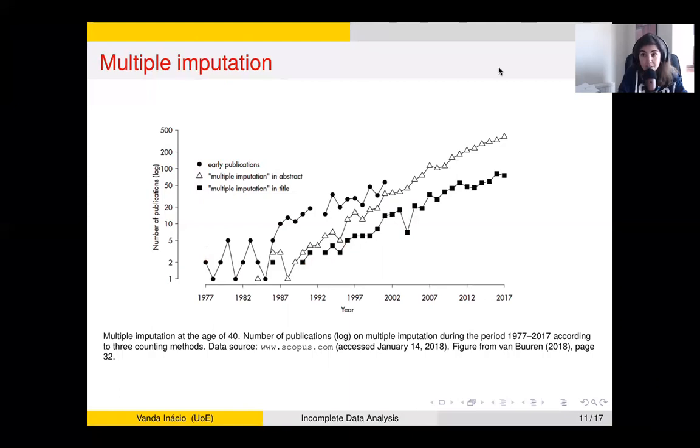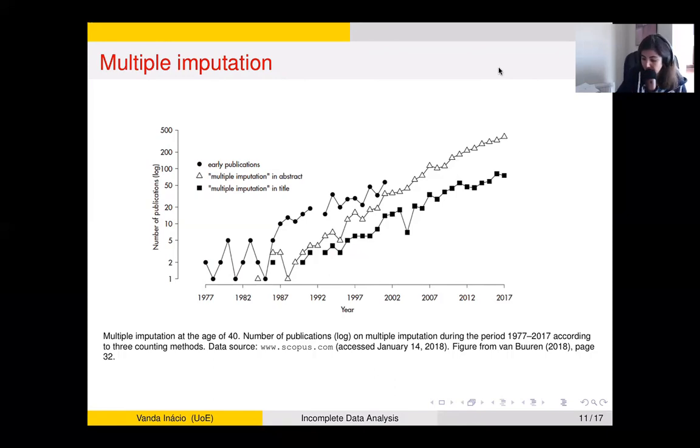This was a search made on Scopus. It's like a kind of Google, but for publications. We also have Google Scholar, but they used Scopus. And the series on the right is papers that contain the two words multiple imputation in the title, and these are most of the time methodological papers, so authors proposing new methods for multiple imputation.